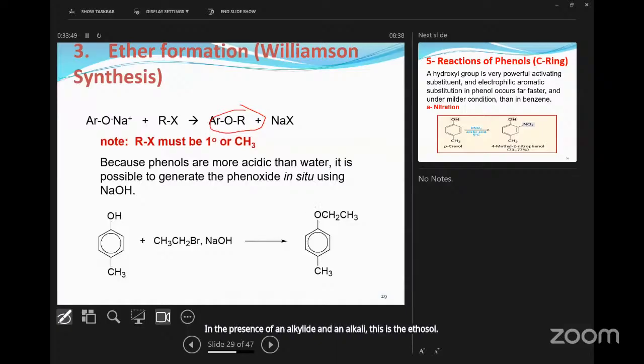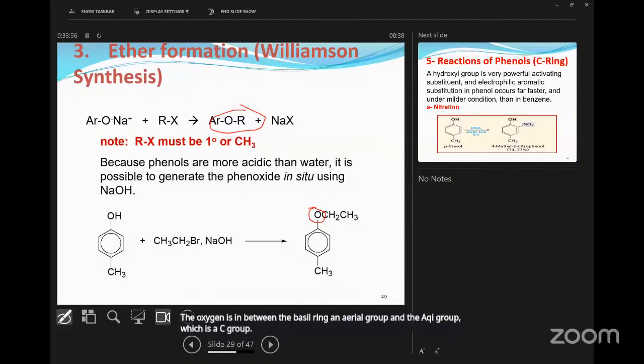The oxygen is in between the benzene ring, an aryl group, and the alkyl group, which is the ethyl group. Because they are more acidic than water, it is possible to generate a phenoxide in situ using sodium hydroxide. Once the phenoxide ion is generated, that's the first step of the reaction. Then the alkyl bromide reacts with the phenoxide ion to form the ether.